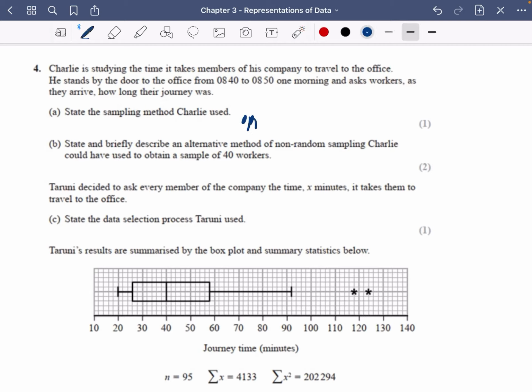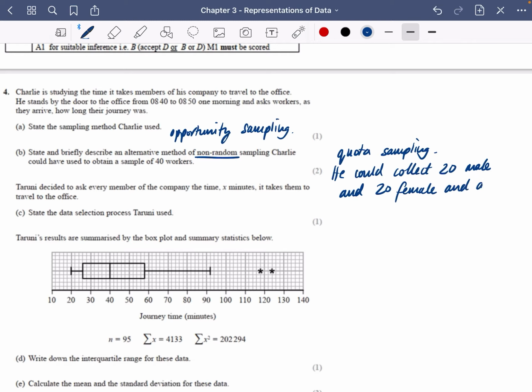So he could briefly describe: collect 20 male and 20 female and ask them as they arrive. Or you could do it by age, or all sorts of things, really. But I would just go with gender as quite an easy one, or sex then.